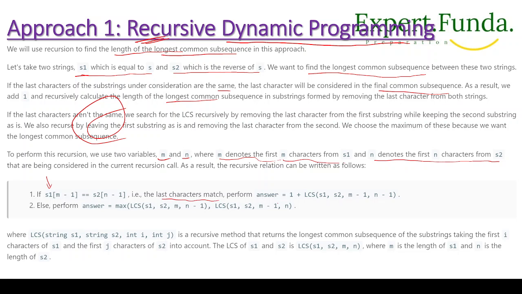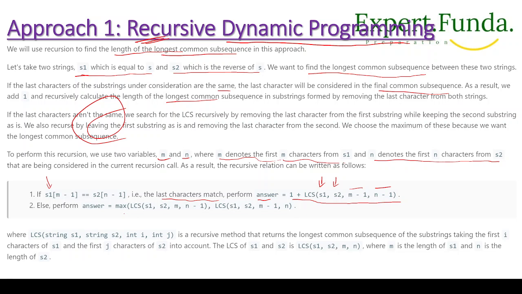So our answer will become 1 plus LCS of s1, s2, m minus 1, n minus 1. We are performing the LCS, longest common subsequence, using these two indexes m and n. So m minus 1 and n minus 1 is the last index.